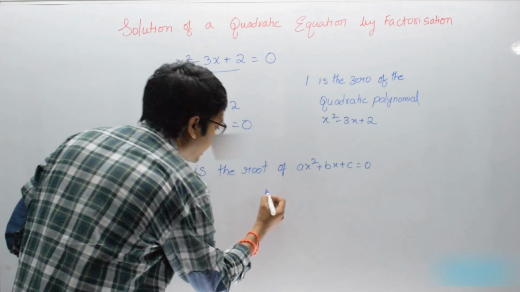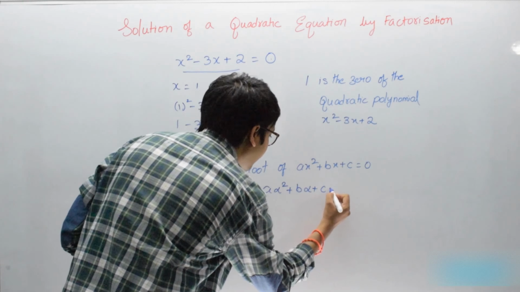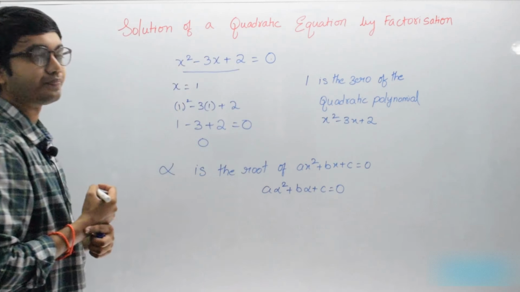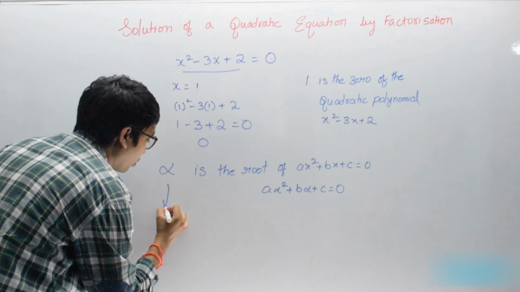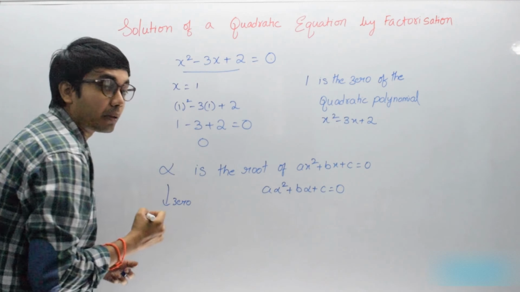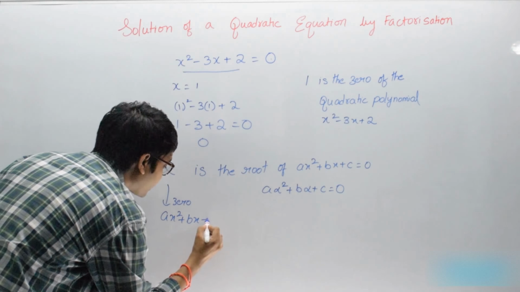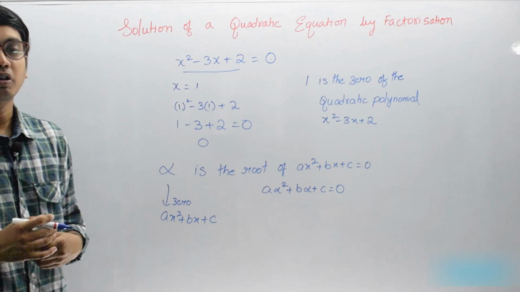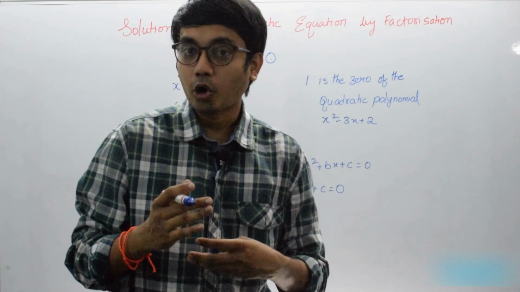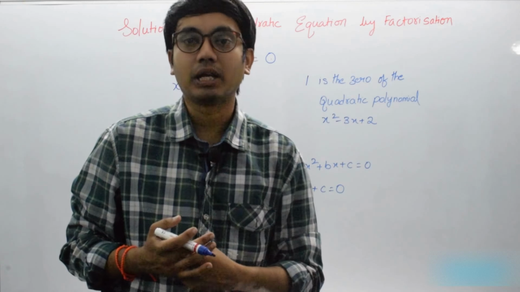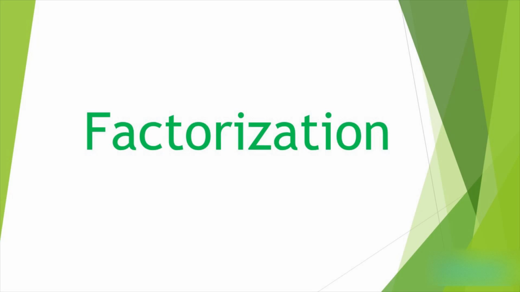I mean to say that a alpha square plus b alpha plus c should be equal to 0. Or I can say alpha is the 0 of the quadratic polynomial ax square plus bx plus c. Finally, I can conclude that root of a quadratic equation or 0 of the same quadratic polynomial are one and the same. Let's learn about factorization.